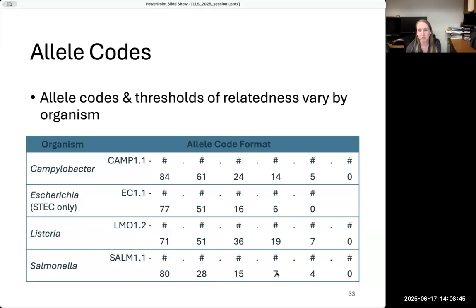For Salmonella, if we're looking at the fourth digit to be greater than 4 times the expected threshold, it would have to be 7, 14, 21, 28, so at least 28. Or for the fifth one to be greater than 4 times the expected threshold, it would have to be 16. That's where the 4 times calculation comes from.